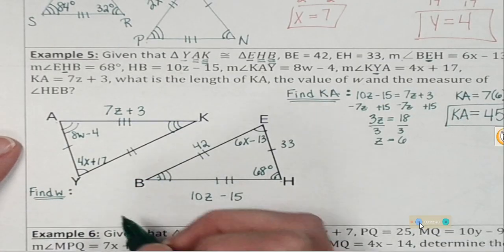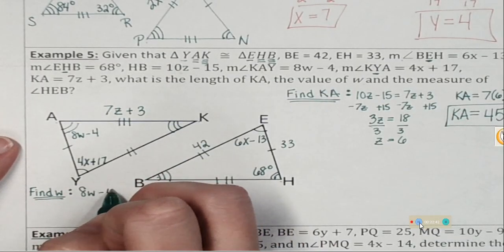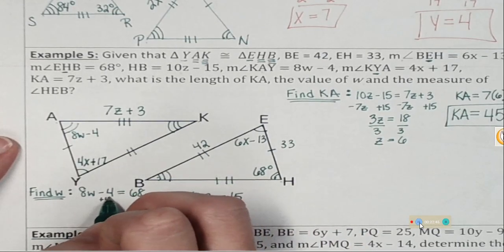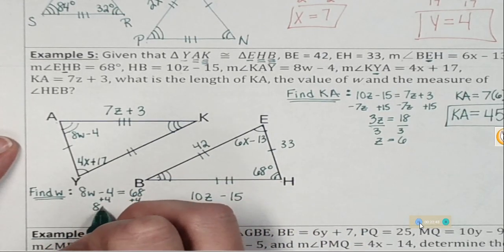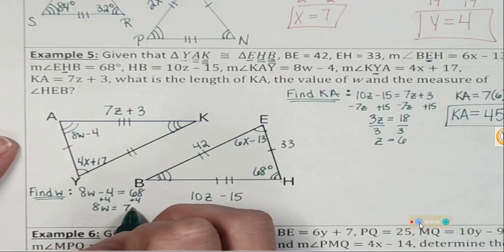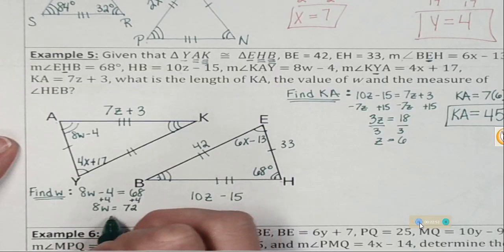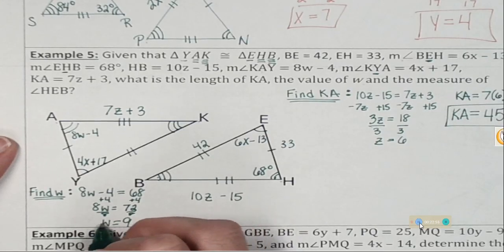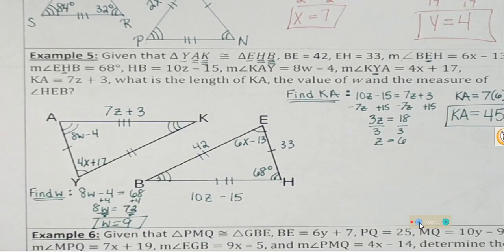So to find W, I take 8W minus 4, and that equals my 68. So I add 4 to both sides. 8W equals 72. And when I divide by 8, W equals 9. I didn't have to plug that back in because I simply asked you to find what W is. So W equals 9, you're done.